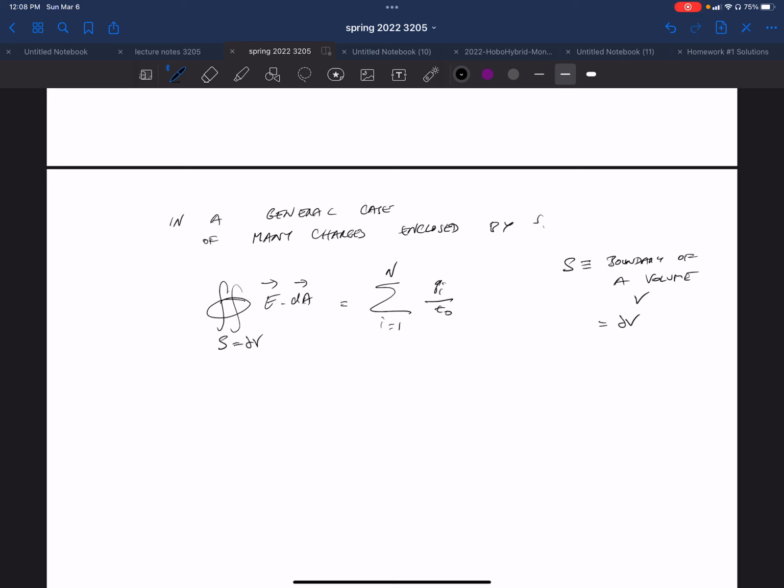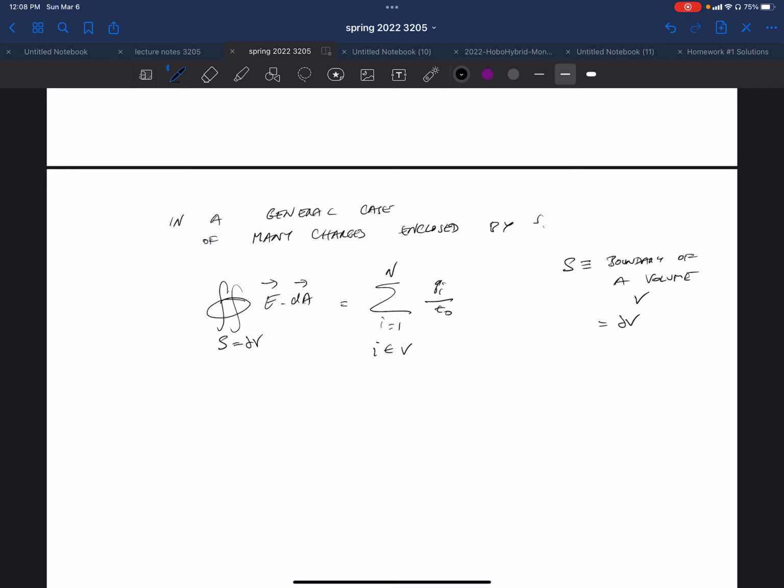So you're basically integrating over the surface. The boundary of a volume is the surface of that volume, okay? And a notation for that is dV. So I'm going to start writing this as dV, and here I'm going to say i is whatever charges are in V.